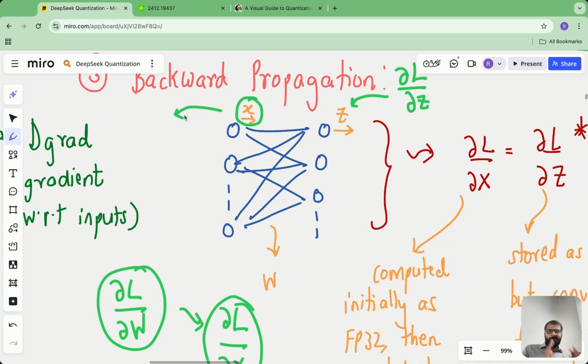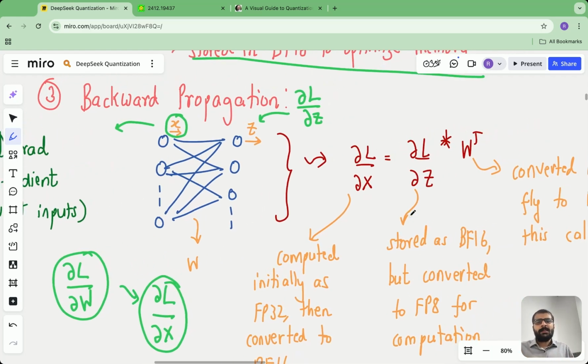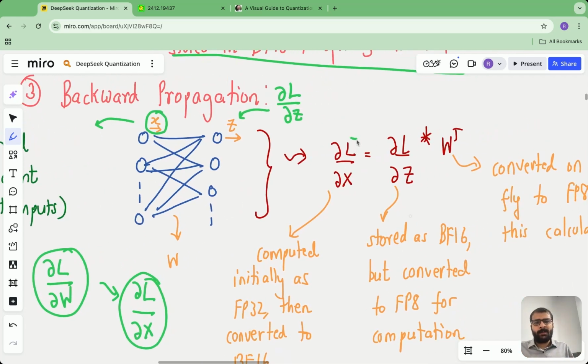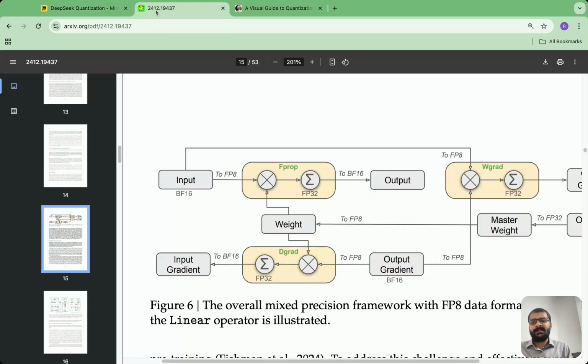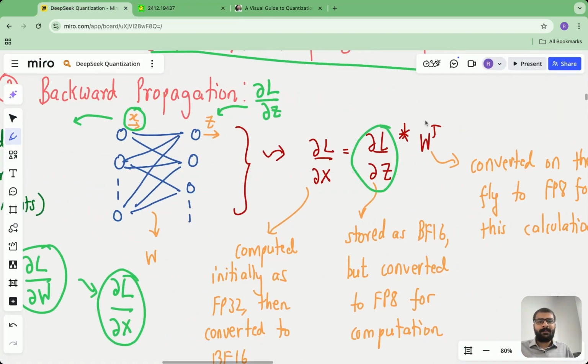So when you look at a given layer, you will need to find the partial derivative of the loss with respect to the weights and the partial derivative of the loss with respect to the inputs. The partial derivative of loss with respect to inputs is given by this formula dL/dx, which is also called d grad over here. So this d grad is the partial derivative of loss with respect to the inputs, and it's given by the formula dL/dz multiplied by the weights transpose.